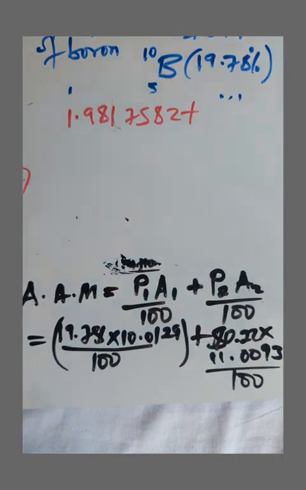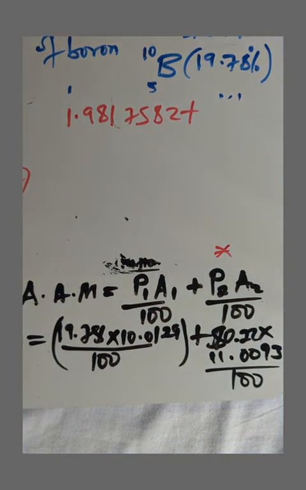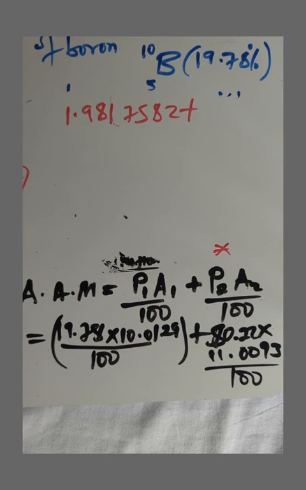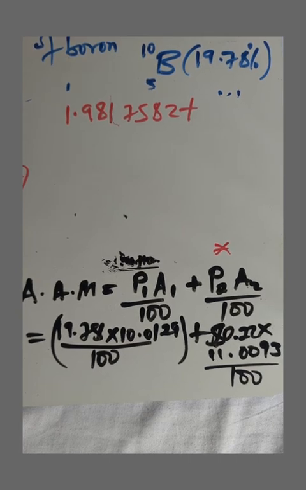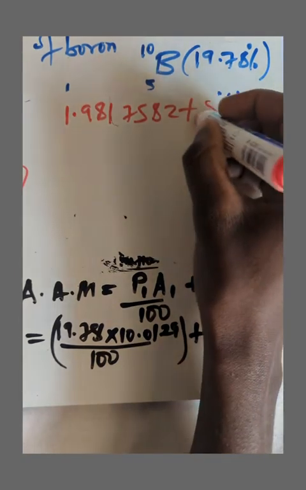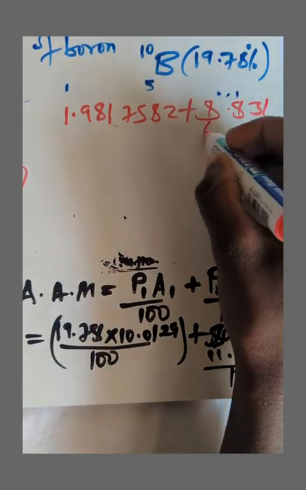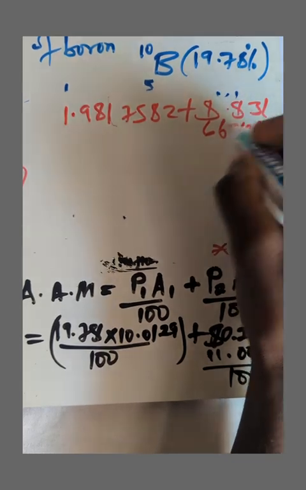Then this will be added to the second one, 80.22 multiplied by 11.0093, divided by 100, which gives 8.83166046.